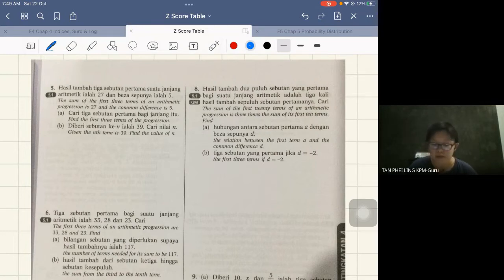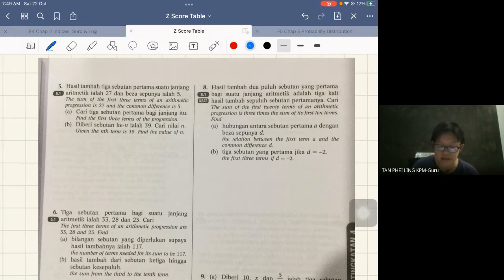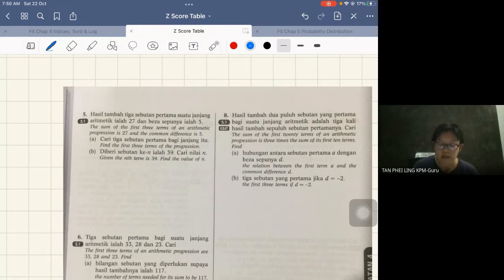For a question like that, how do you start? You need to know that Sn, or rather S3, because they give you the first three terms, is 27, and the common difference is 5, which is your d equals 5.